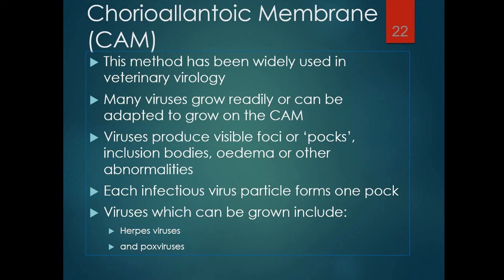Viruses produce visible foci or pox, inclusion bodies, or edema or other abnormalities. Each infectious virus particle forms one pox. Viruses which can be grown include herpes simplex virus as well as pox viruses.